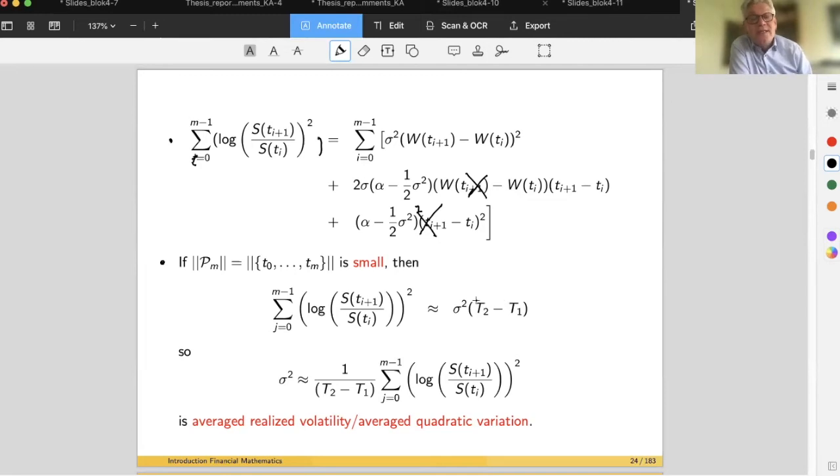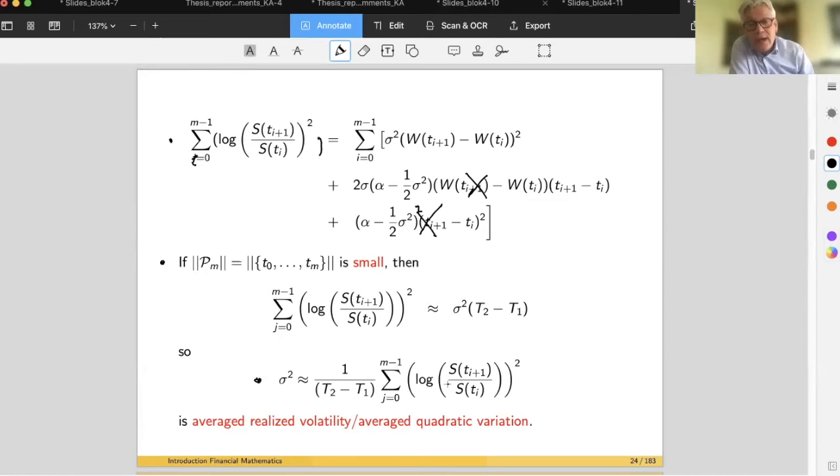And in total, we see that we can estimate sigma squared by dividing left and right hand side by T2 minus T1. Sigma squared can be approximated by 1 over T2 minus T1 times the sum of these log returns squared.